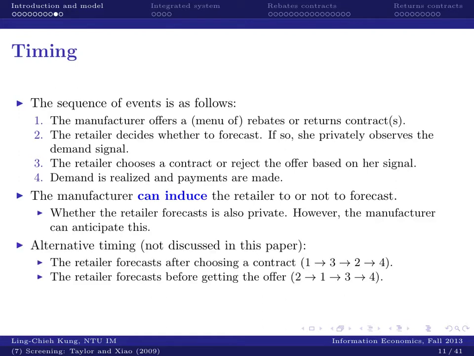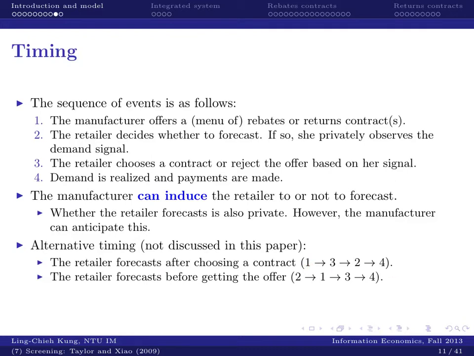The following alternative timing is not discussed in this paper, but I suggest you think about what will happen if the game becomes in these formats, what will be changed, and what will be unchanged. One possibility is for the retailer to forecast after choosing a contract. That means 1, 3, 2, 4.